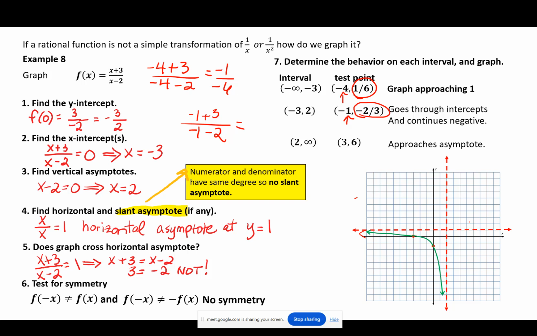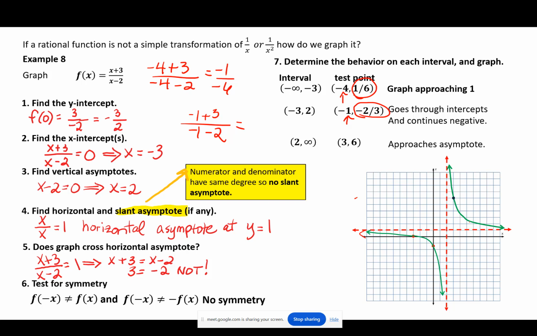So the function has a positive value above 1. It's above the horizontal asymptote, and it is positive. So there's not much that the function can do up there. It's just going to approach the asymptotes. So I had that point 3, 6 right there. And so what the function is going to do is approach the asymptotes on either side.